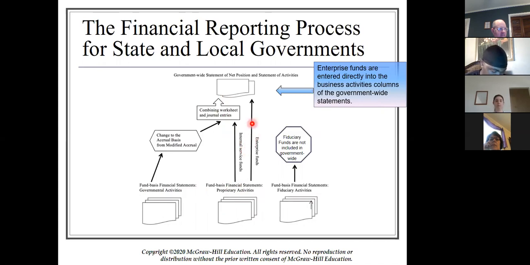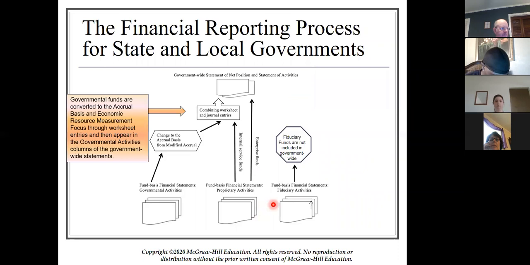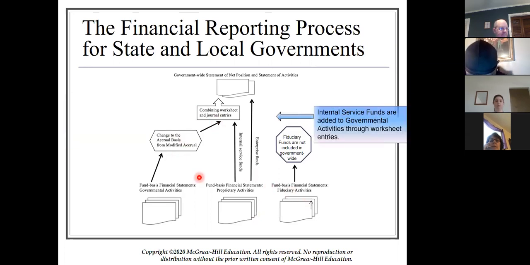But enterprise, since it's externally oriented, is kept separately. Now, these are already on accrual basis, so they don't need to be modified or adapted or changed. And so here it's talking about changing to accrual basis. Internal service funds added to governmental.